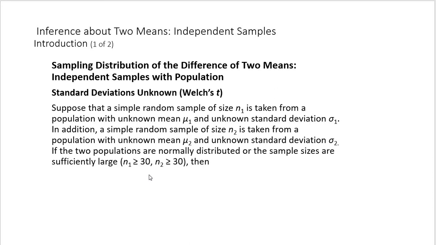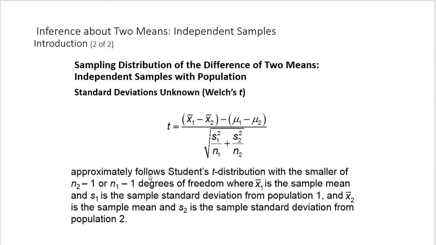If the two populations are normally distributed or the sample sizes are sufficiently large, that is n1 is greater than or equal to 30 and n2 is greater than or equal to 30, then we can say that the t-score is x1 bar minus x2 bar minus mu1 minus mu2 divided by the square root of s1 squared divided by n1 plus s2 squared divided by n2.